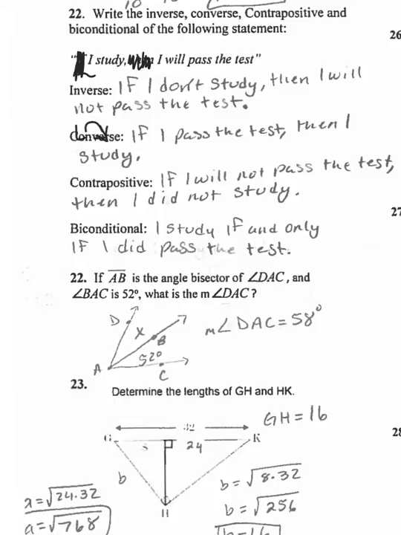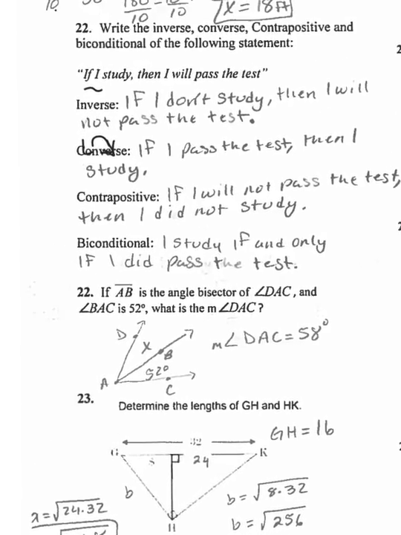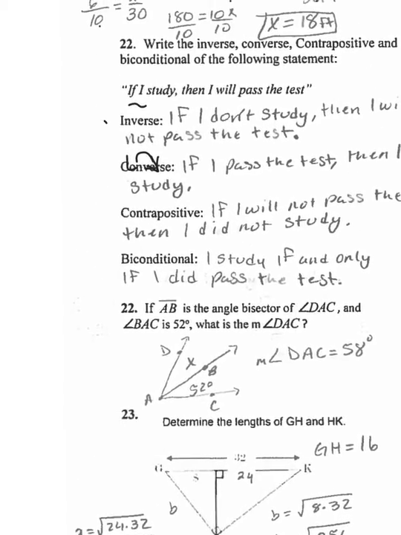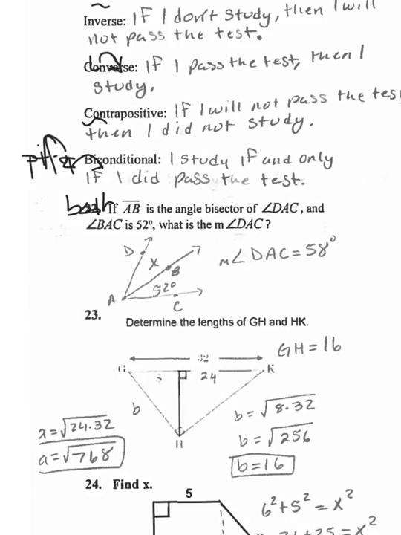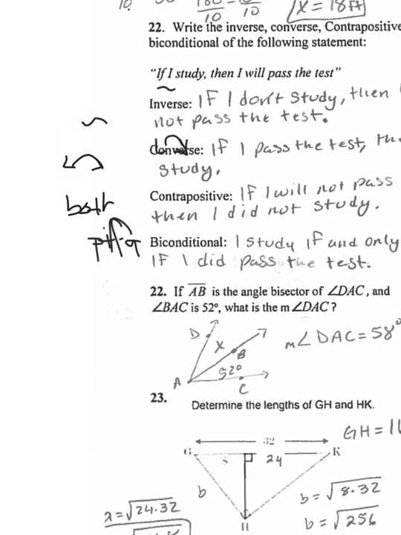So if you notice, I study if and only if I pass the test. Okay? So those should be in the foldables, it's not hard. Inverse is negation. This is a flip. This is both. And this is hypothesis, if and only if, conclusion. You get the idea.